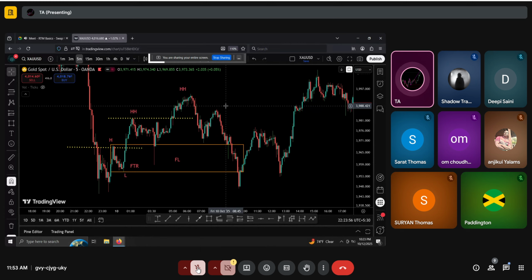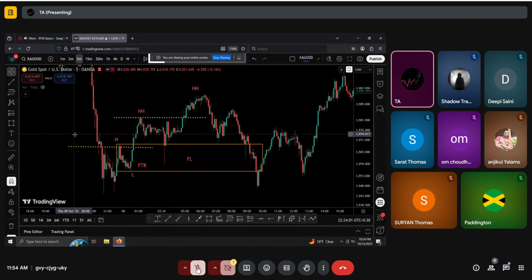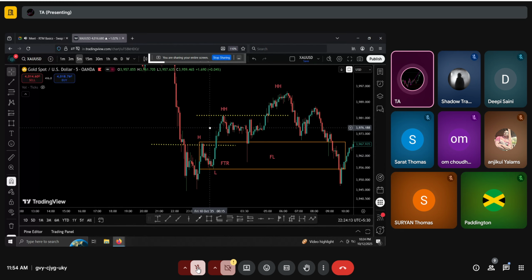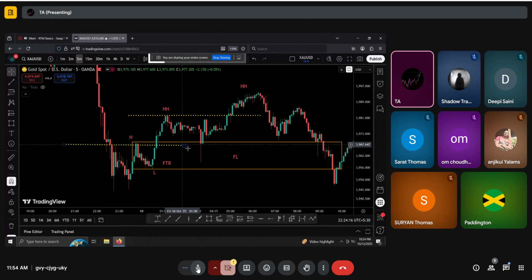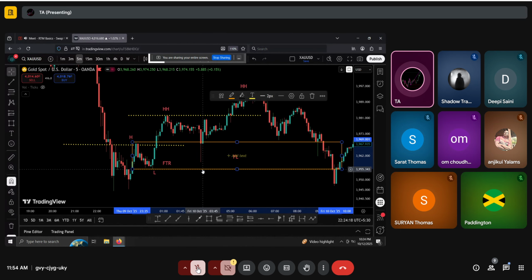If we look closely, what we will find, we have another resistance level here, right? This resistance level, do you see? Okay, so I will delete this.